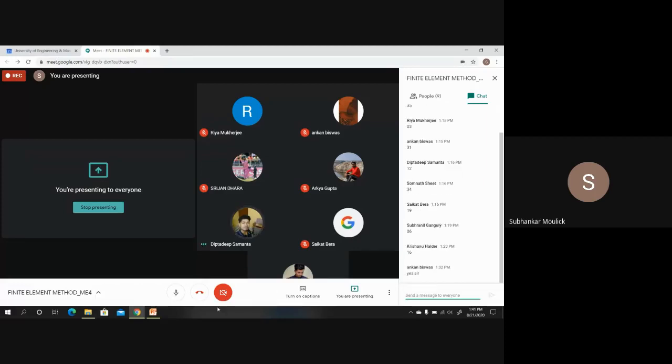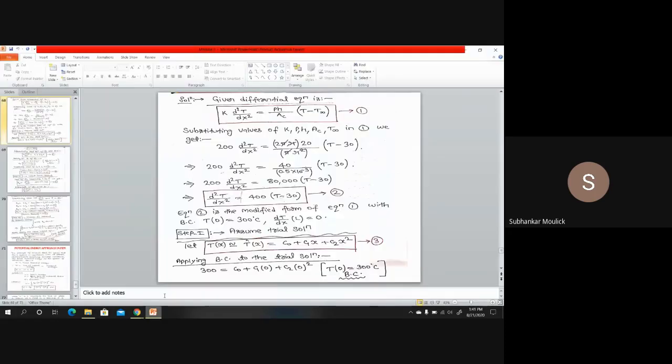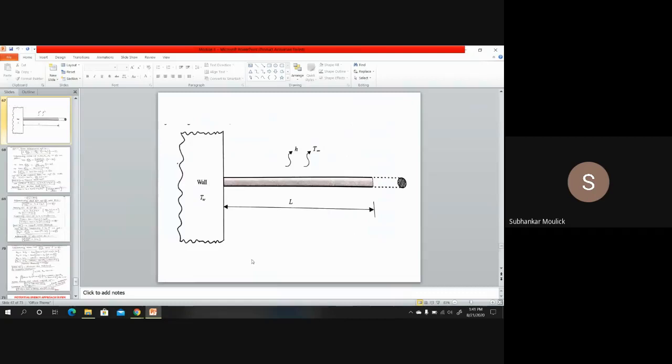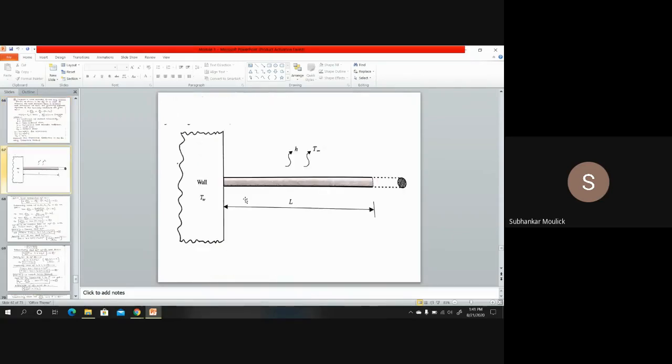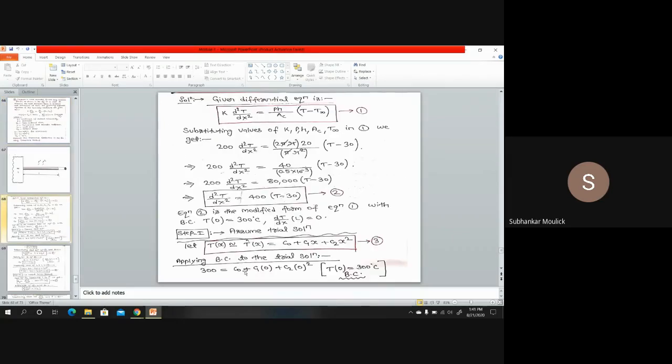No, sir. Okay, fine. So we are having two boundary conditions. My essential boundary condition is this one, and my natural boundary condition is this one. So let us use firstly the essential boundary condition to find out the unknown coefficients. The boundary condition is that the value of t will be 300 degrees centigrade at x equal to 0.